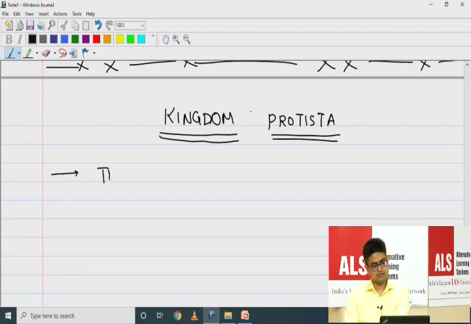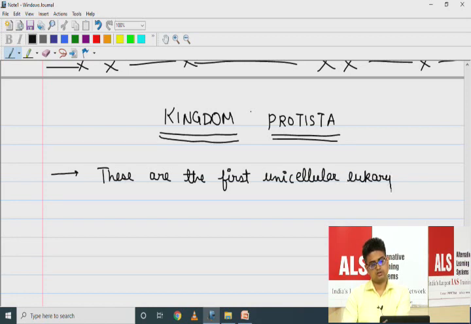These are the first unicellular eukaryotic organisms.